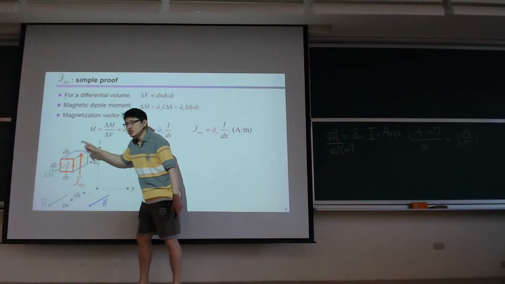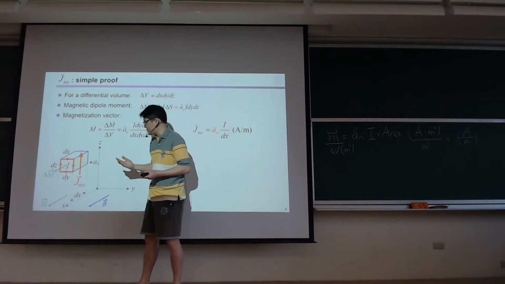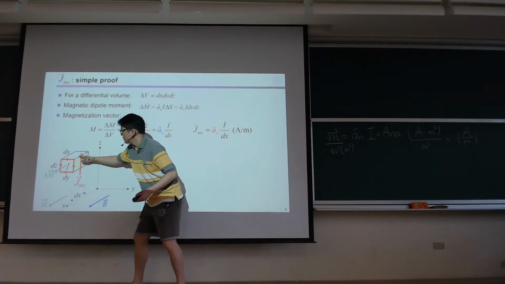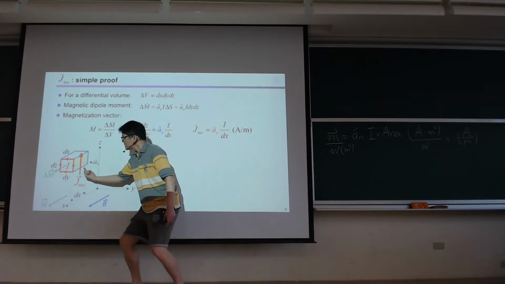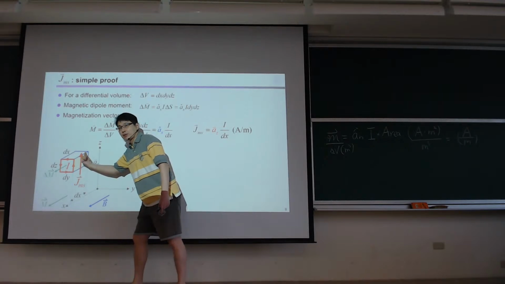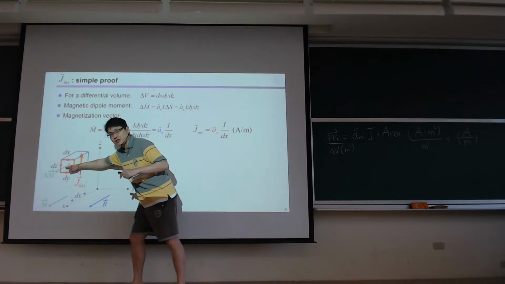as we mentioned, J_MS is more like a line current density. So this entire surface, this surface marked by the yellow, is flowing with the effective current density due to the existence of this magnetization vector.